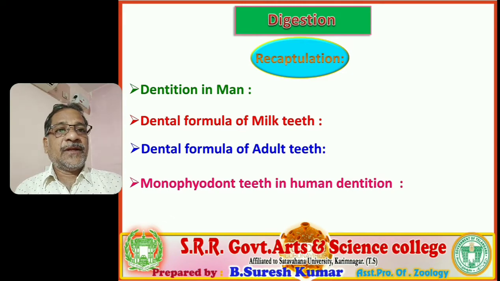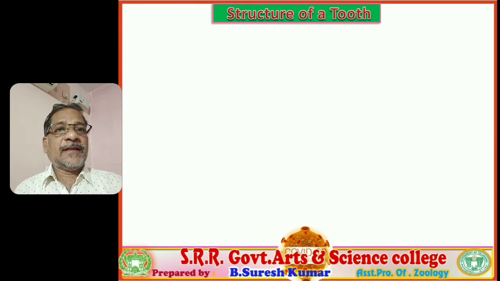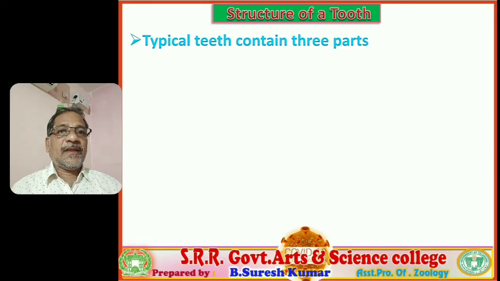The subsequent topic of our online class is the structure of a tooth. It's a very important topic, very useful to us. So let us discuss the structure of a tooth, the anatomy of a tooth. The typical tooth contains three parts.